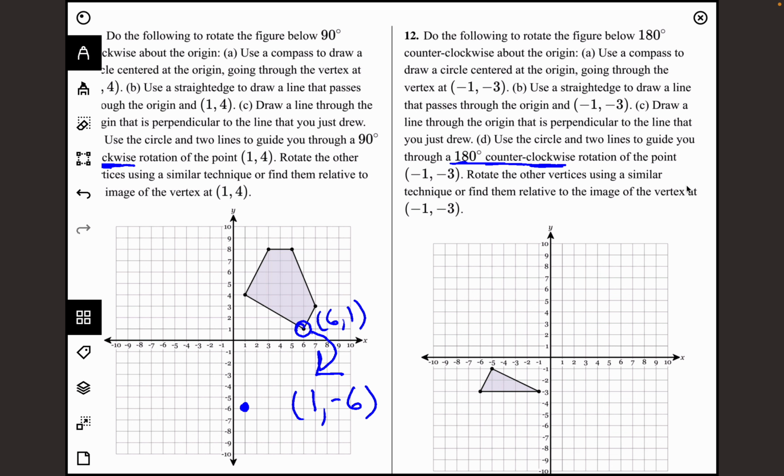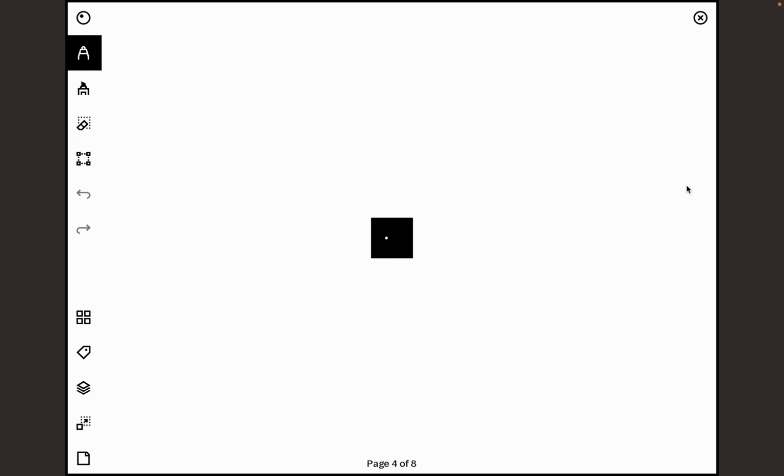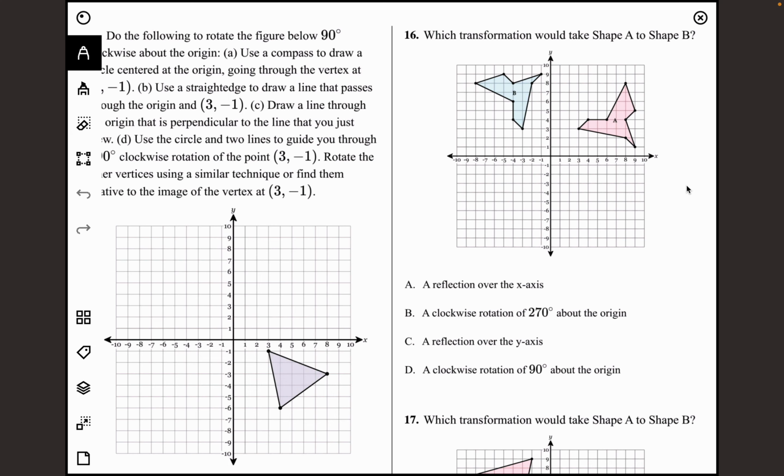All right, you'll have some examples that look like this. Look at number 16. It's going to be multiple choice, and you have to figure out what happens. It's saying we're going from shape A to shape B. Think for a second on which of these answers you think it is. Is it a reflection over the x-axis, a clockwise rotation of 270, a reflection over the y-axis, or a clockwise rotation of 90 degrees?